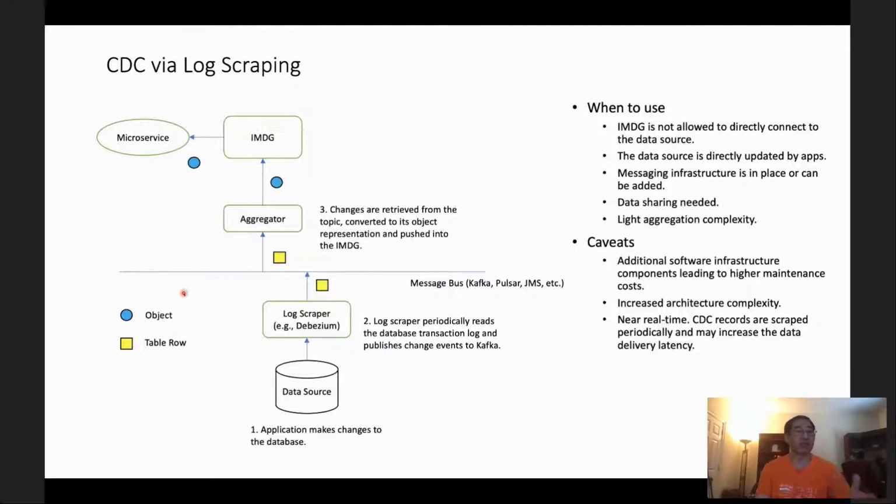So not only IMDG can take advantage of that data, but you can also have other applications take on that data as well. It is near real time. That's one thing that you do have to realize, because we are publishing data on a periodic basis. So whatever the delay is, that delay you're going to have to tolerate from your application. And usually we're talking seconds of delay here.